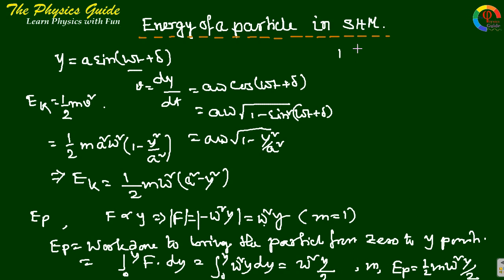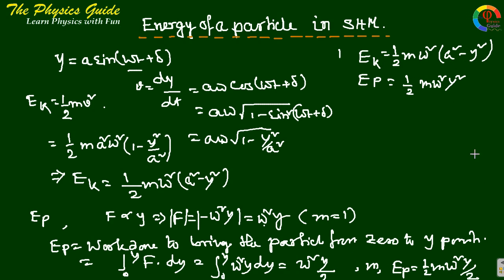So finally, kinetic energy equals half m omega squared (a squared minus y squared), and Ep equals half m omega squared y squared. So these are kinetic energy and potential energy.